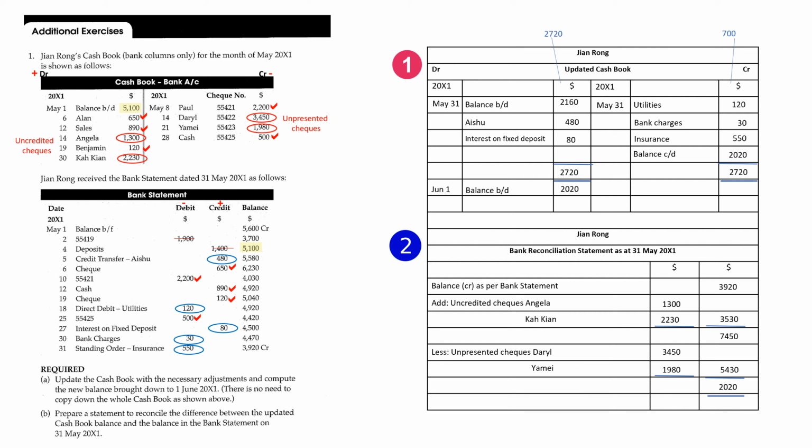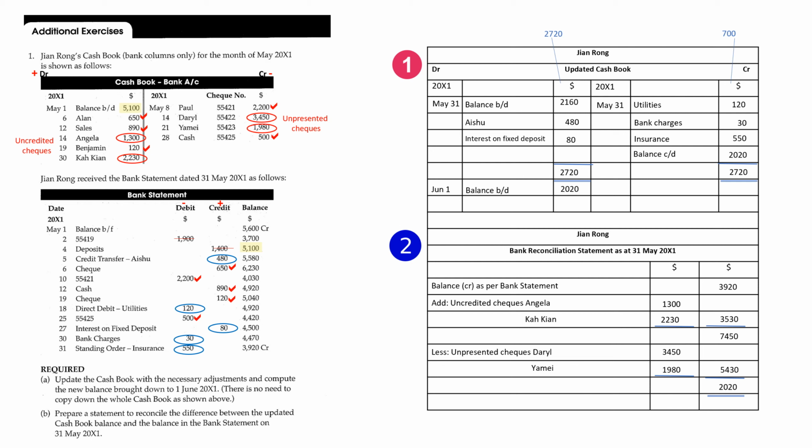So you see, at first the bank statement has a credit balance of 3920. You add up all these, then your balance is a credit balance of 7450, and you minus these two. You still have a credit balance as per bank statement of 2020. So it's the same.